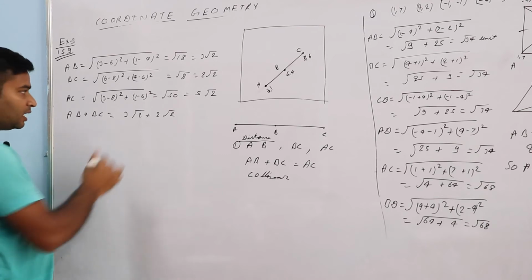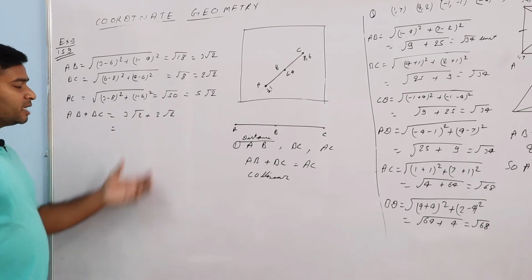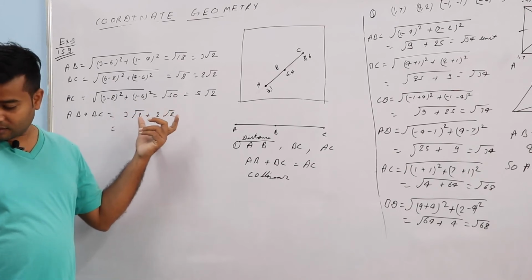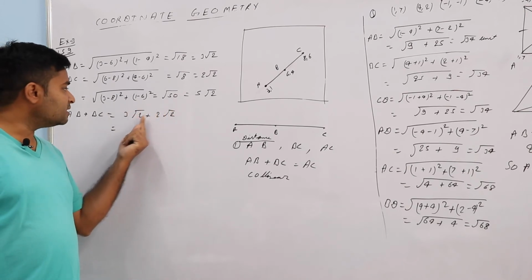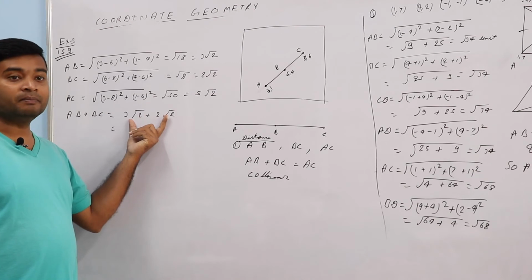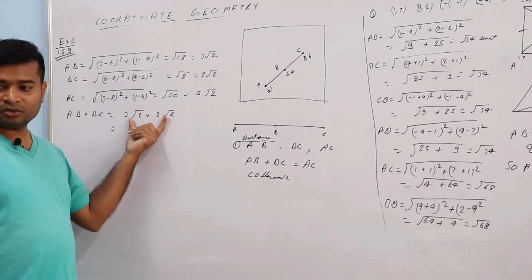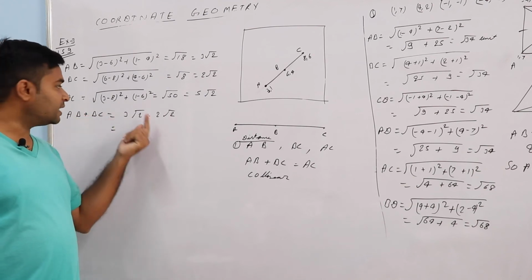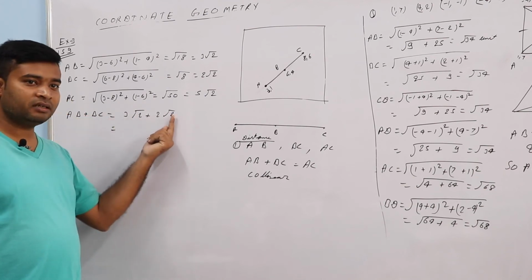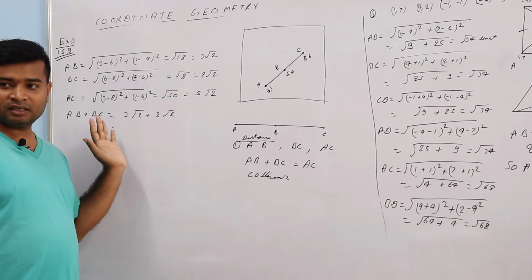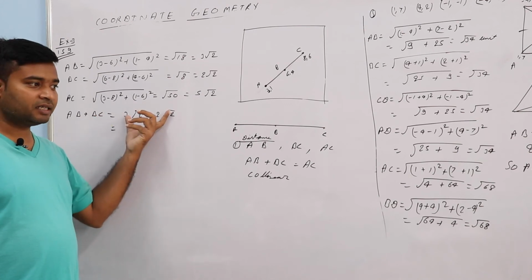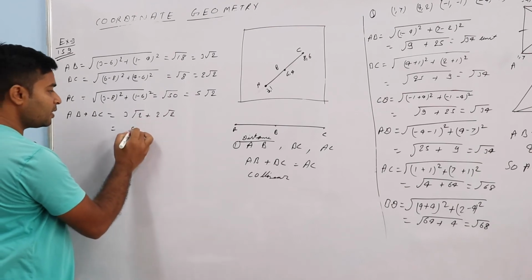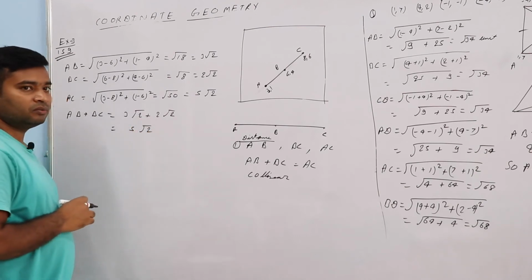This is the summation of roots. We can add only when the terms inside the root are the same. If it is different, we can't add. Like if root 2 is here and root 3 is there, then we can't add. If the inside terms are the same, then only we can add. So 3 plus 2, 5 root 2.